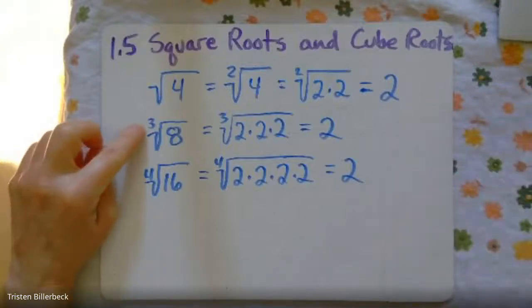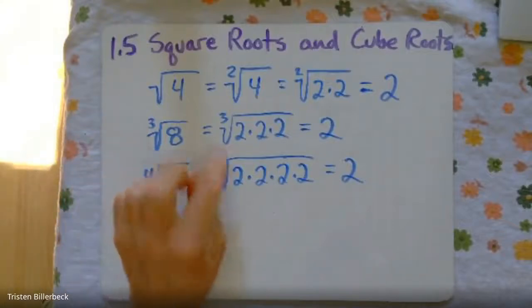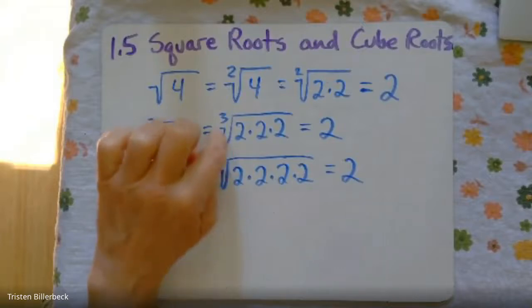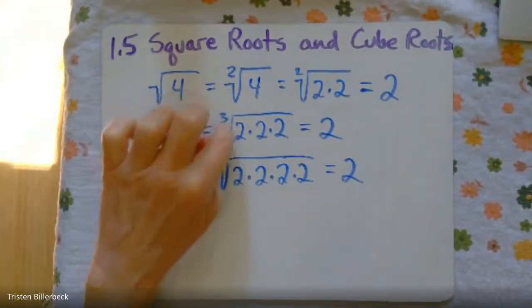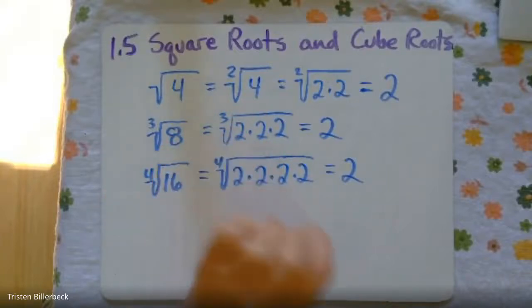Now, if we have a 3 here, this is pronounced as the cube root of 8. Well, the neighborhood got a little more rough. So we have a cube root safe house, and you can only leave the cube root safe house if you leave in a united front of 3 of a kind.